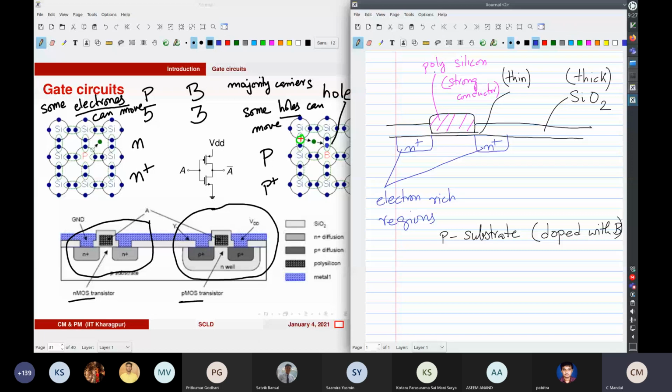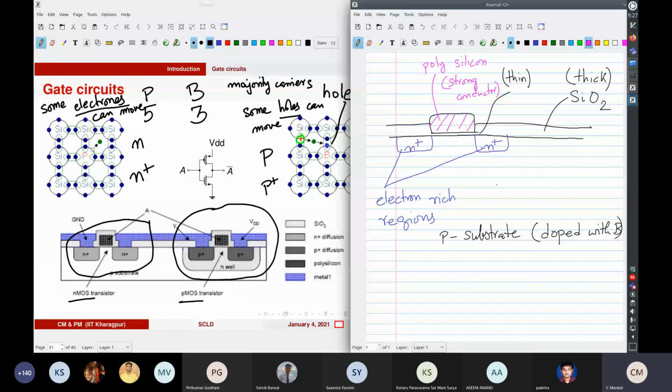So normally, this is a P-type, this is a P-type. So as you can see, under normal circumstances, no flow of electricity from this well to this well. No flow of electricity between this well and this well.